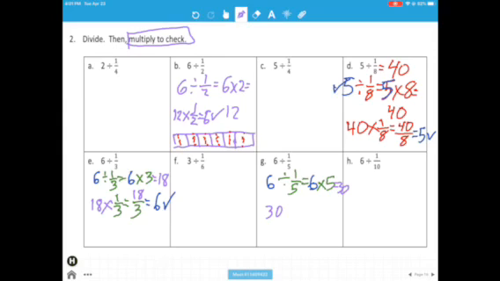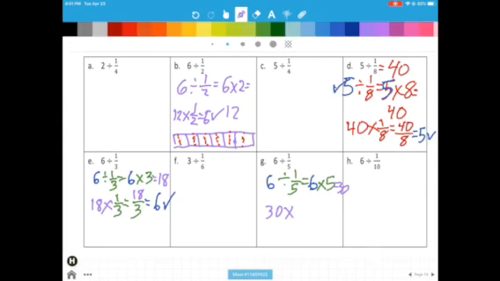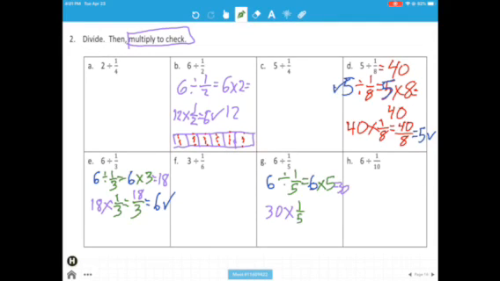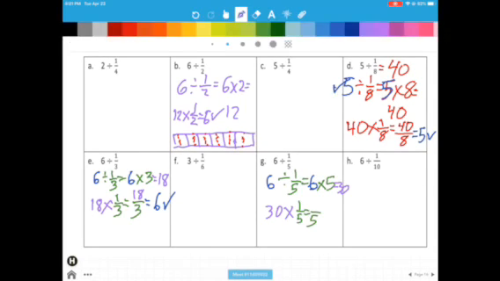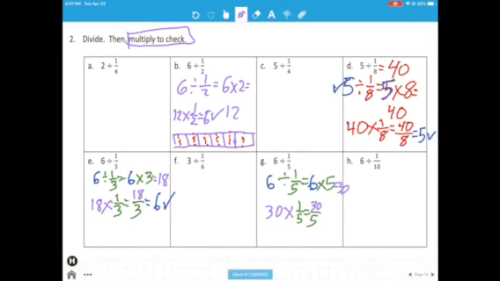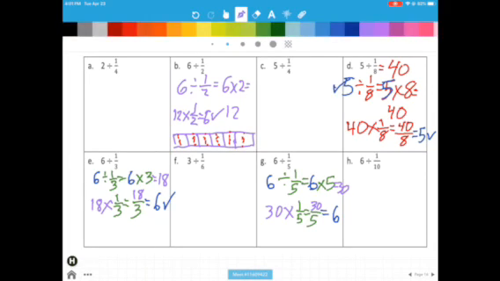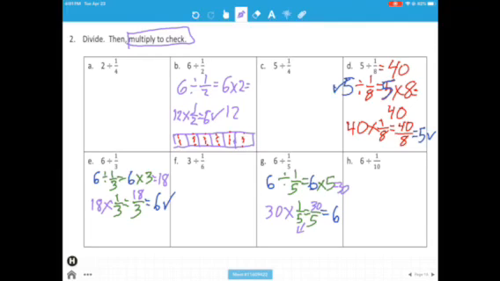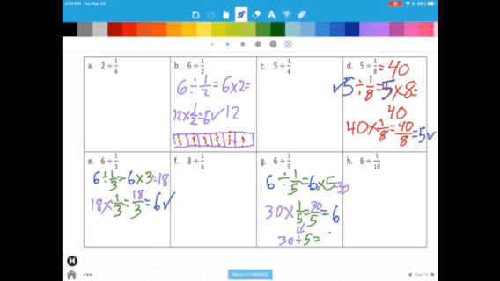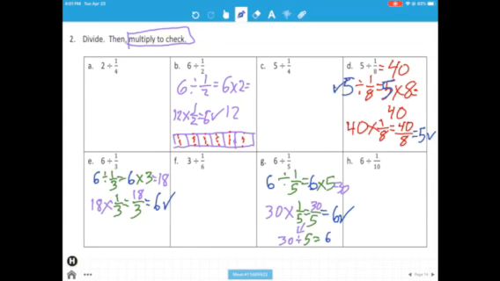Now we're going to check again. 30 times 1/5 equals 30/5, which is equal to 30 divided by 5 is 6. So we got a check again. All right, hopefully that's helpful. I know we went a little fast, but I know you guys can do this.